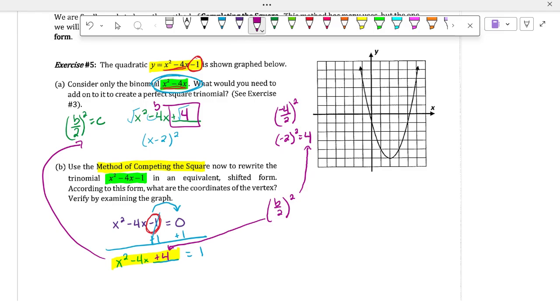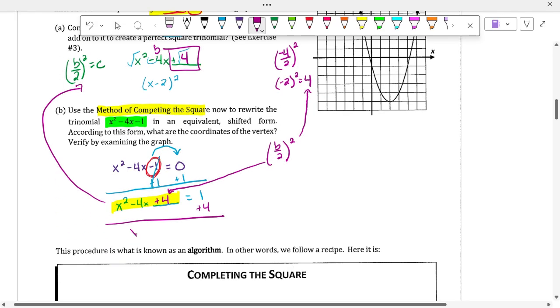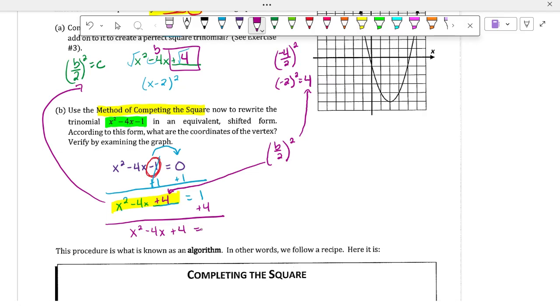Now remember, equations are like a balanced scale. If you add something to one side and you want your equation to be balanced, you have to add it to the other. So since we added 4 over here, we have to add 4 on the right side. So this would give us x squared minus 4x plus 4 is equal to 1. Not 1, 5. My bad.